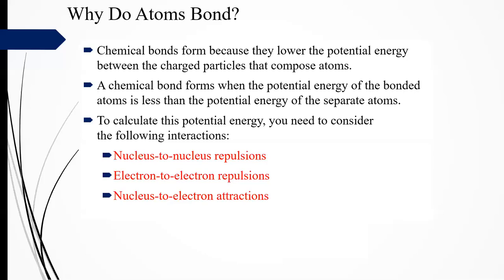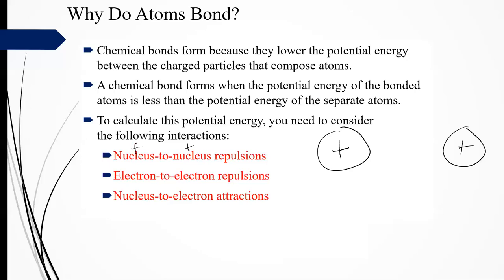If we think about nucleus to nucleus, this is a positive and a positive. That means that each of those two nuclei from the atoms need to be a certain distance away from each other. Because they're both positive charges, they repel each other. As they come closer, they start to push each other away.